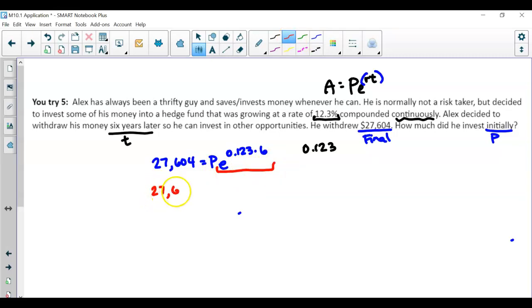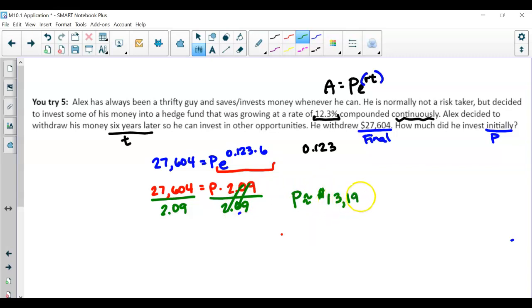So I've got 27,604, which is equal to approximately P times 2.09. So now to solve for P, if it's being multiplied, then divide by 2.09. And here you end up with P is approximately $13,196.62.